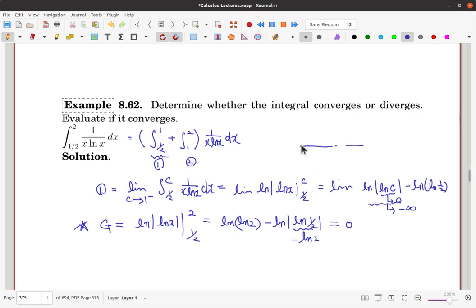The interval is given here from half to 2, and around 1 here, the value will go to minus infinity on one side, and over there it goes to plus infinity, so if you consider the whole thing, it can cancel out to become 0.